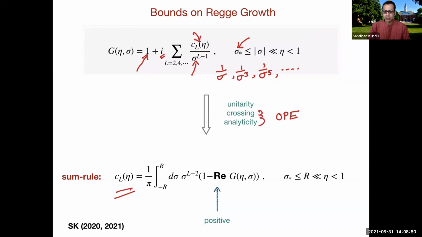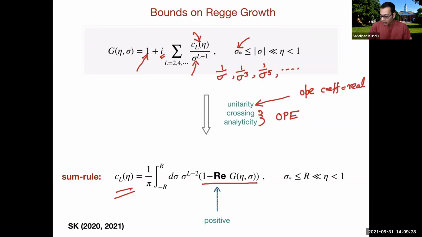And unitarity is basically the statement that OPE coefficients, or OPE coefficients of real operators, are real. So these are the standard axioms of conformal bootstrap, and by using that, I can derive this sum rule. Not just that, from this set of assumptions, I can also show that this quantity inside the parenthesis is positive.